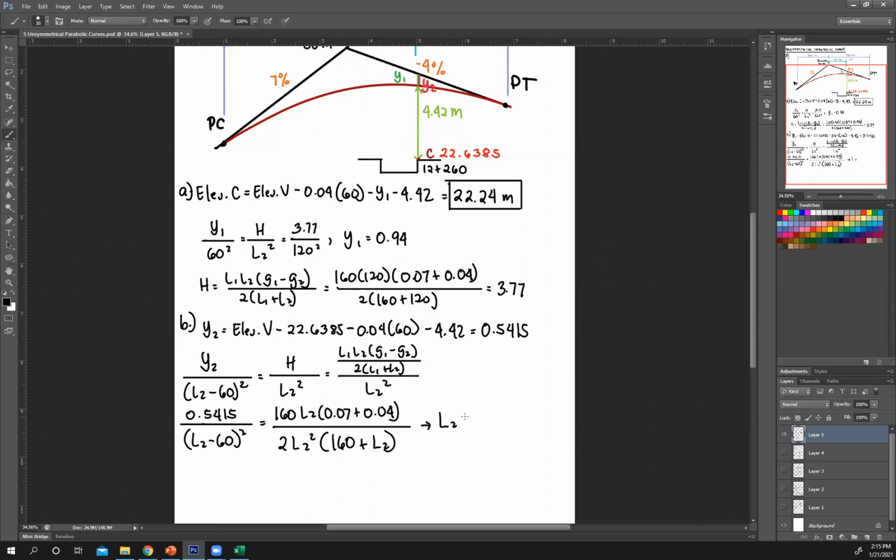Therefore, can anybody solve what's L2 now using this equation? No, it's not 38.36.